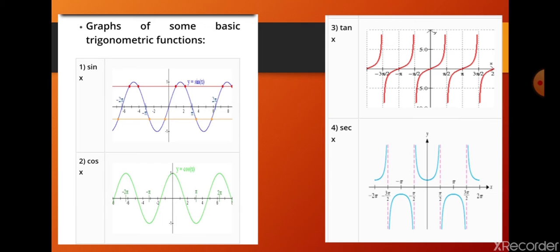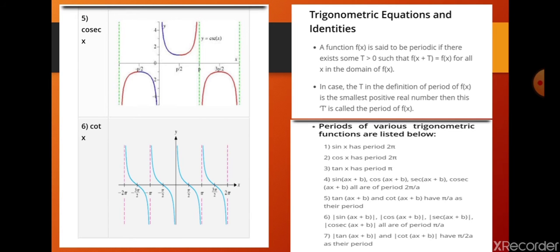The graph of tan theta increases from 0 to infinity in the interval of 0 to pi by 2, and as tan theta is infinite, it's not touching the pi by 2 line. Similarly, the sec theta, cosec theta and cot theta graphs also can be seen here.